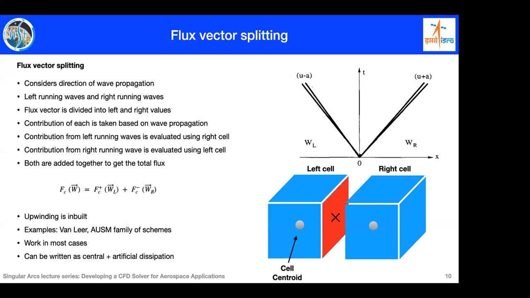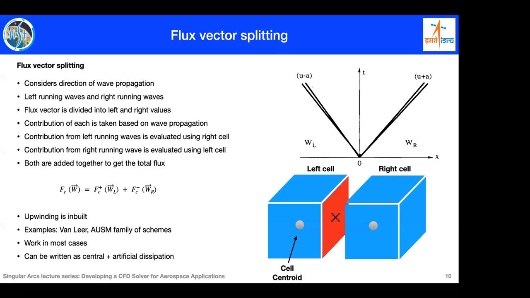Now this FC plus and FC minus, we evaluate with respective cell centroid values. So FC plus, which is along the right running waves, will be calculated with the left cell centroid value, and FC minus will be calculated with the right cell centroid values. So this gives another type of scheme. These are called flux vector splitting schemes. And there is one concept called upwinding. So you consider the values in the direction of wave propagation or the flow.